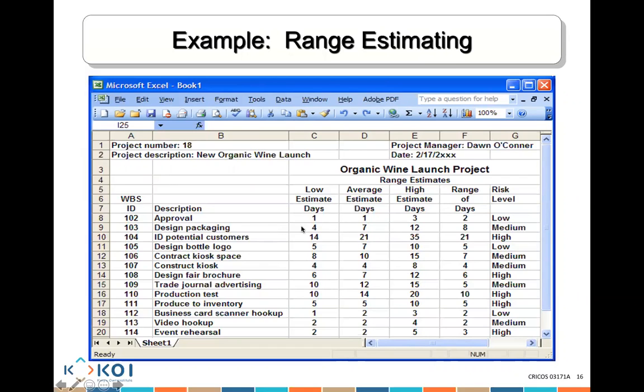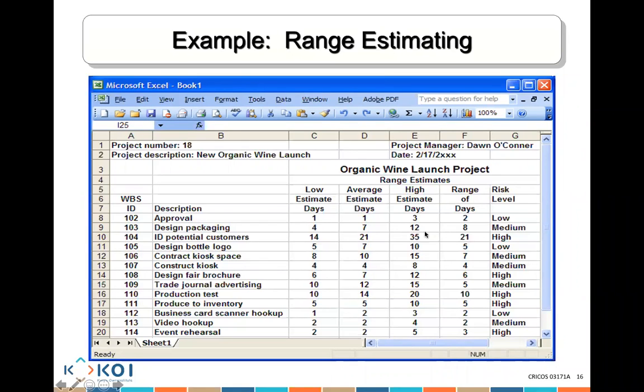So calculate it, guys, in front of you, okay? 1 times 4, just add it in front of you. 1 times 4, okay, plus 4 times most likely, so 4 times 7, plus the optimistic, which is 12, divide that by 6.